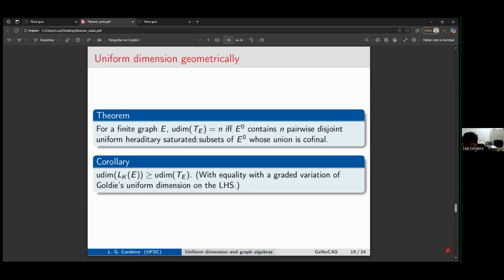By the groupoid setting, you mean you take the Steinberg algebras, graded Steinberg algebra. Yes. And so instead of TE, you would take the monoid of finitely generated graded projective modules. Yes, because much less is known about that monoid.